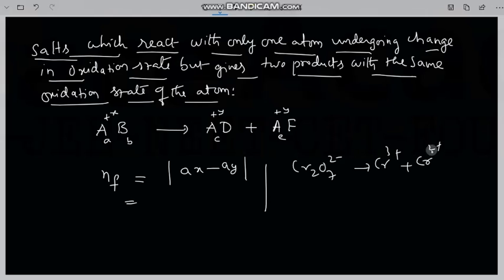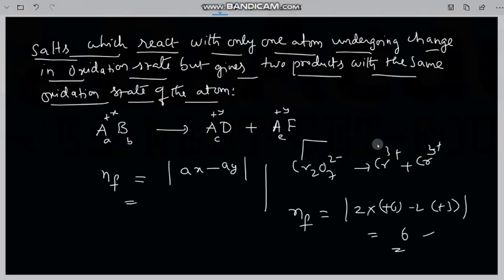So 2 Cr 3 plus ions are there in this reaction. So the n factor of this dichromate is nothing but 2 into +6 minus 2 into +3. We will get the answer 6 for this one. So here the products are the same, with the same oxidation state.